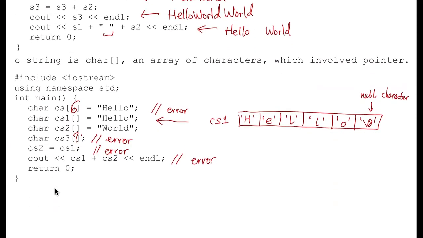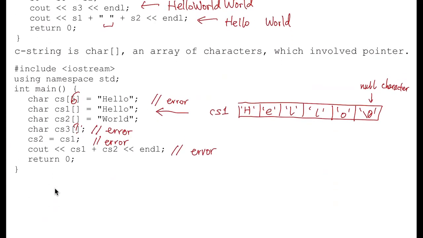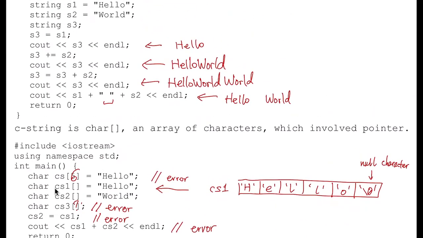Okay, and I see people asking, can you remove the null character? The null character is actually required in the C string, because that's just how the C string is defined. If you just have a character array, you could remove it.